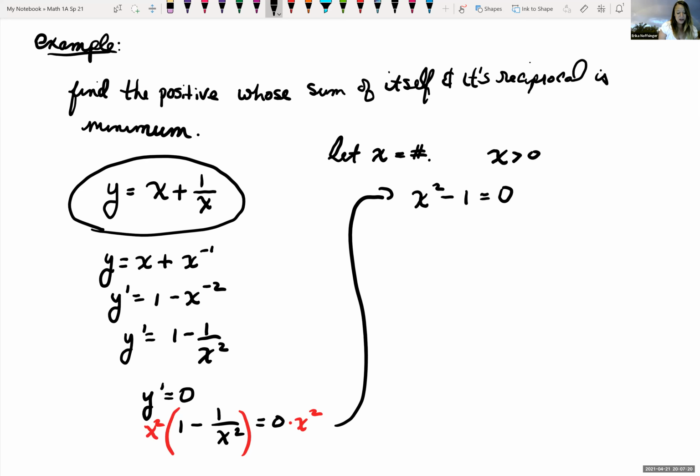So I can use the square root method here. I notice I can also factor here. So let's factor it. x minus 1, x plus 1, we have a difference of squares. This equals 0. So either x equals 1 or x is equal to negative 1.